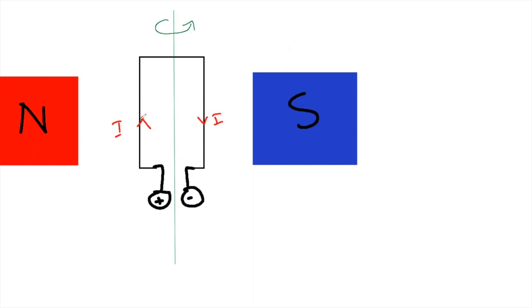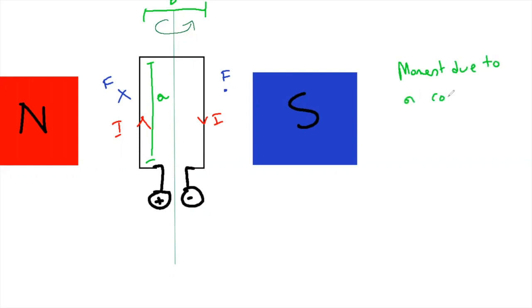And so I can show that the force, using Fleming's left-hand rule, I can say that force is inwards here and force is outwards here, right? Force is outwards here and force is inwards here, isn't it? All right, so this length is called A, and this length is called B. So this is B and this is A. So let's discuss moment due to a couple.